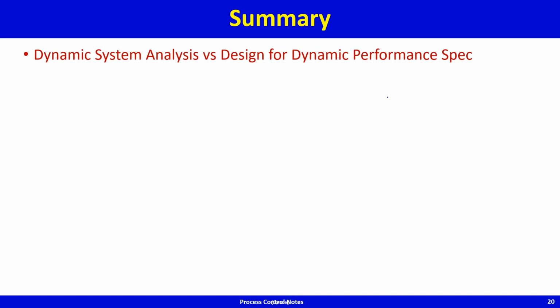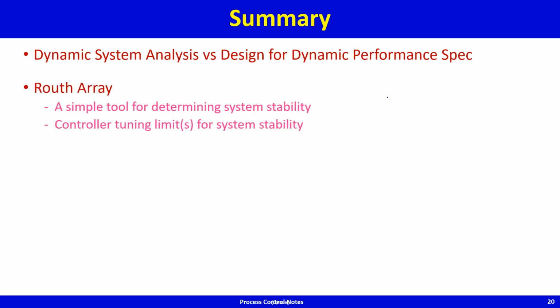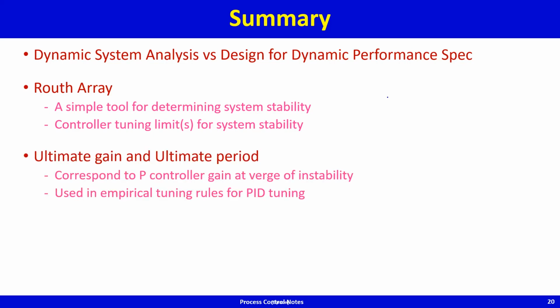With this, we come to a summary of this rather longish lecture. In this lecture, we have looked at dynamic system analysis and also design for dynamic performance specification. Routh array is a very simple tool for determining system stability. It can also be used for finding out the limiting value of the controller gain beyond which the system goes unstable.